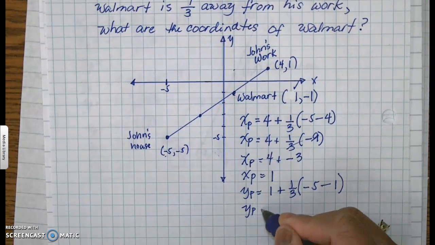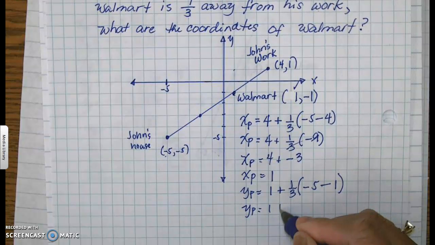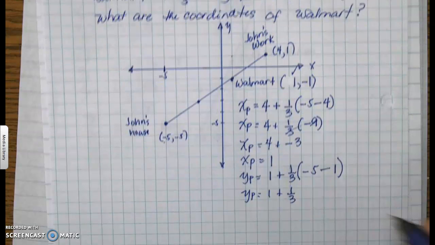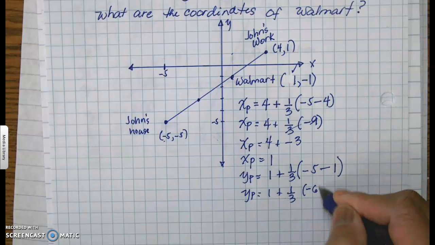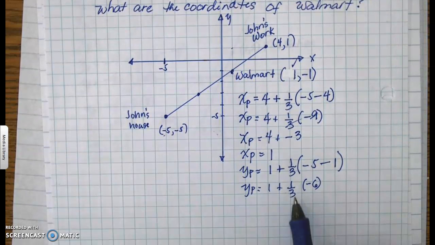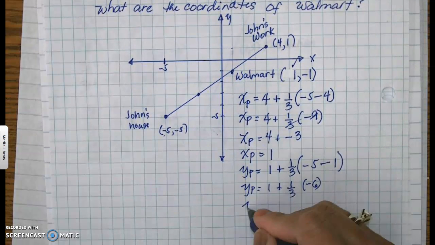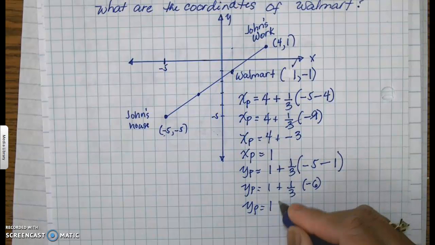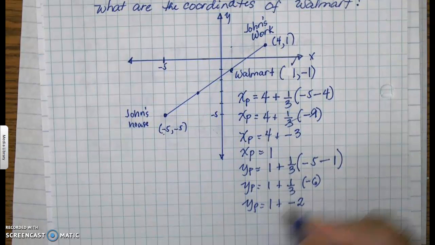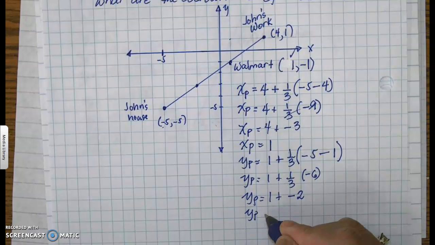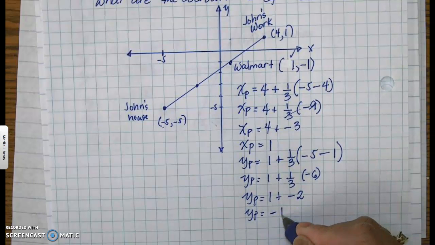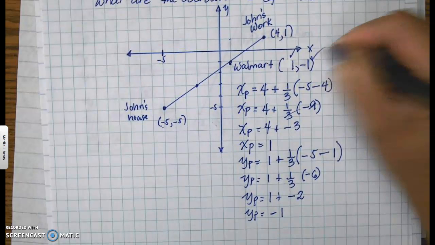If you do your PEMDAS, this is going to be a negative 6. If you multiply them both, it's going to become 1 plus a negative 2. And so your yp is a negative 1, which is a check right there.